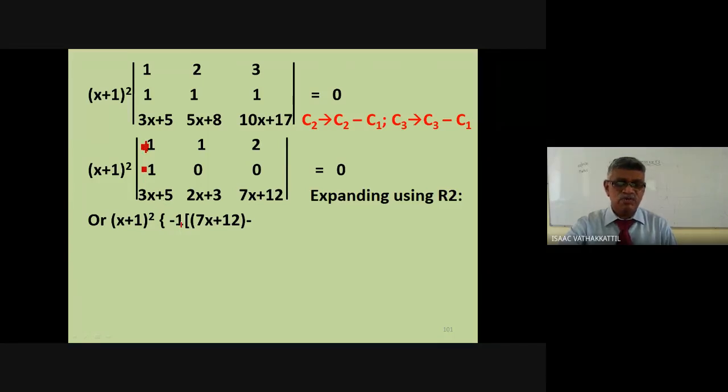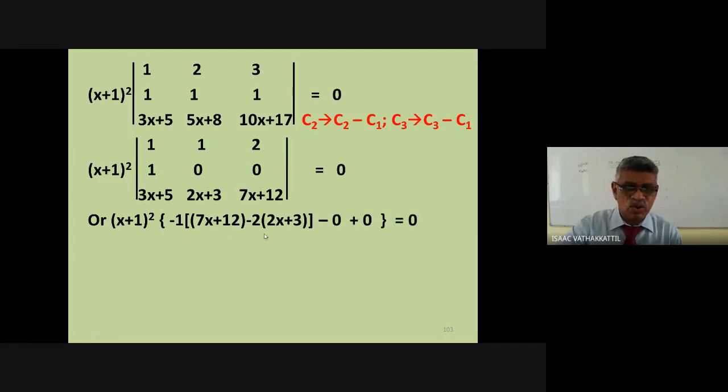So that minus 1 into, remove column and row, 7x plus 12, minus 2 into 2x plus 3. Further, zeros. Well, this term as a whole is a linear term. That is x plus 1 squared into minus 7x plus 12.